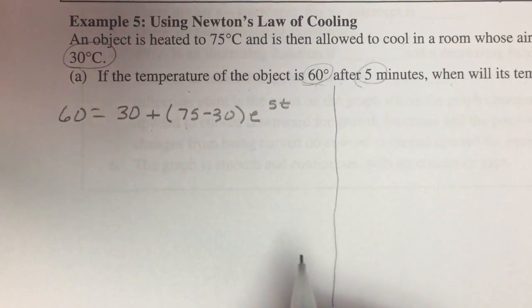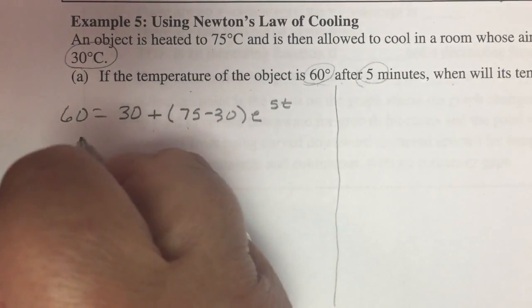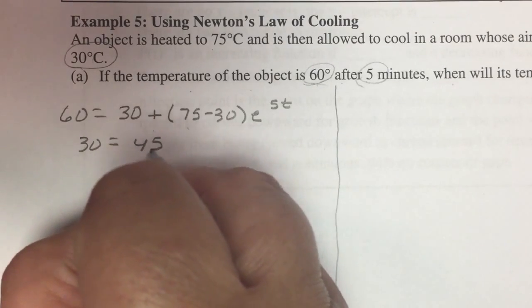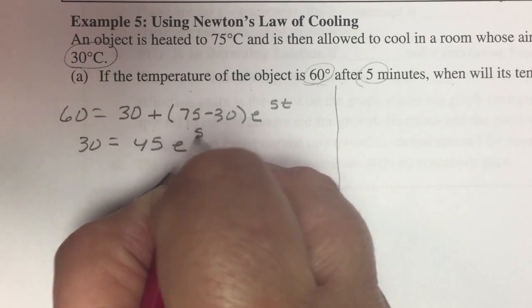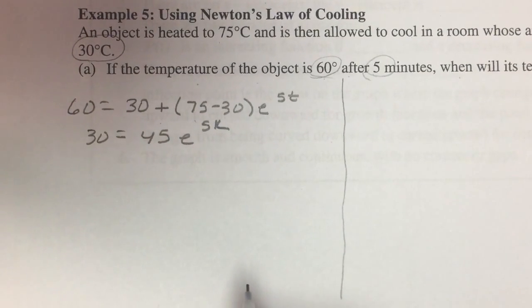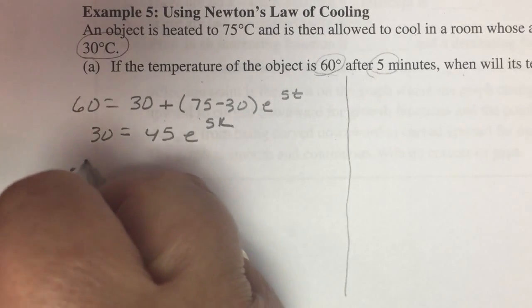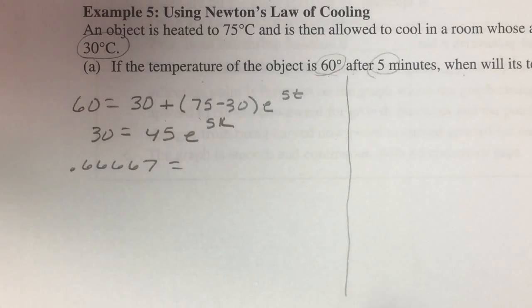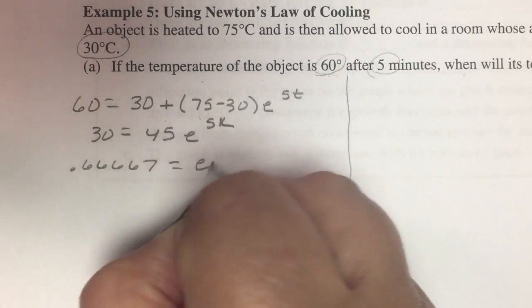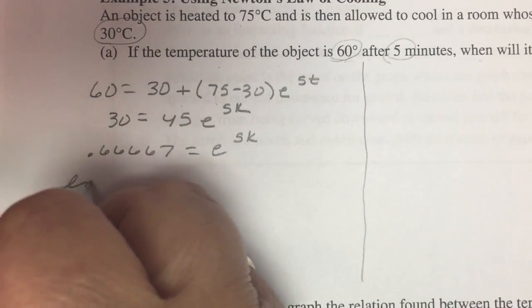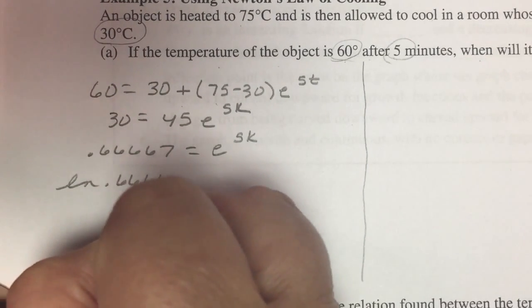So let's quickly solve this. If I subtract 30, I get 45. That's just simplifying a little bit. If I divide both sides by 45, I get 2/3, so I'm going to put a bunch of 6s and a 7, because I don't want to round too much, is equal to e to the 5k. Take the natural log of both sides.